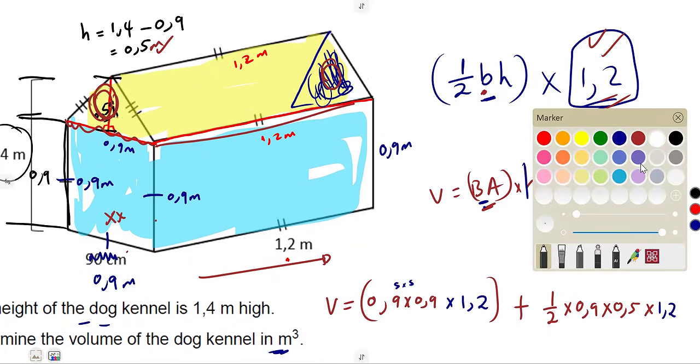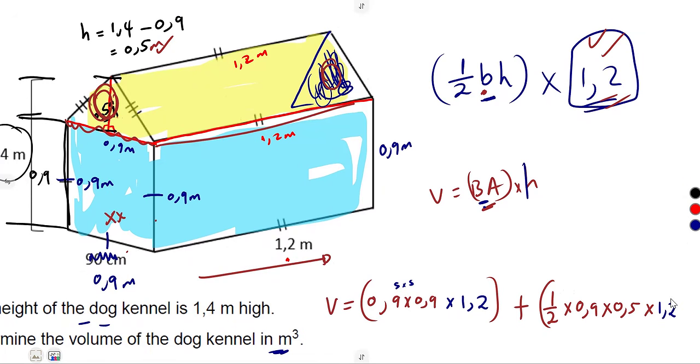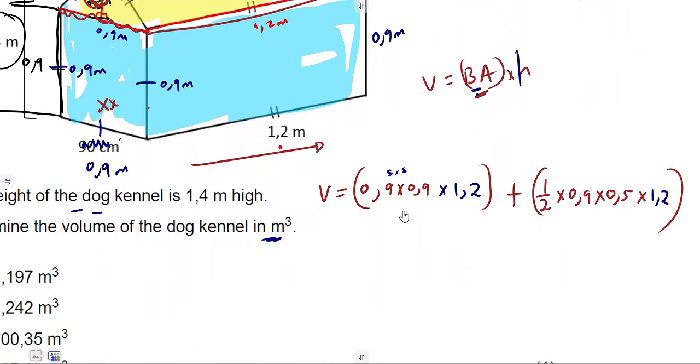So as we can see, this sums up to the total volume of everything that we see there: the rectangular and that triangular prism separated. So that was it, guys. Use your calculator. The first one was going to give us 0,972. This one was going to give us 0,27.